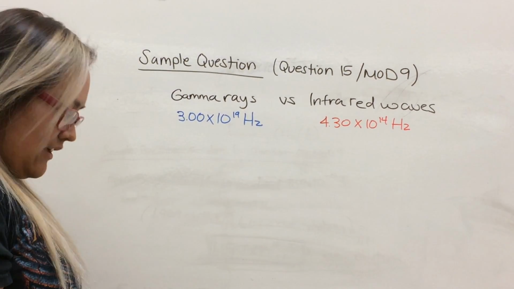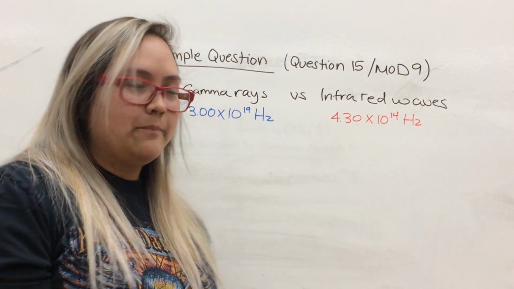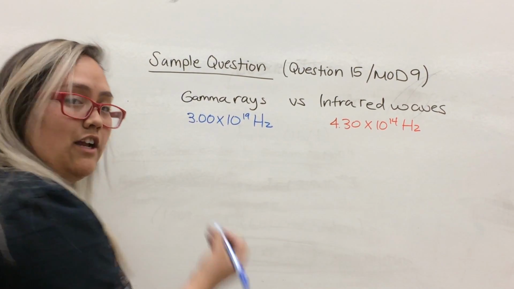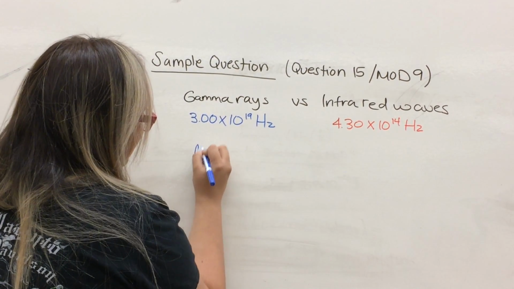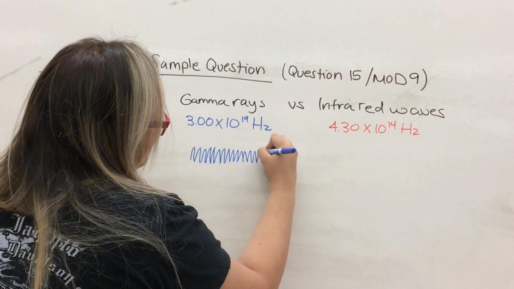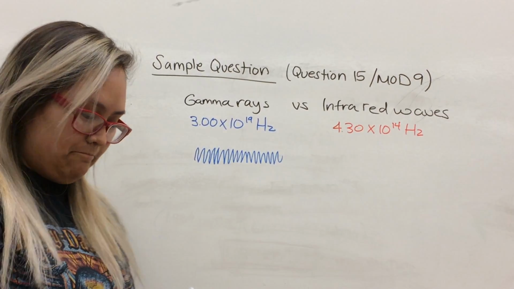Anyways, just to get a picture of what's going on, we have a gamma ray, which is not to scale, but looks sort of like this. So we have photons that are moving like that. So the frequency, right?